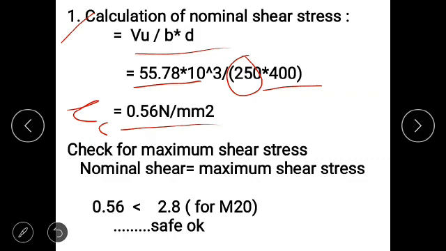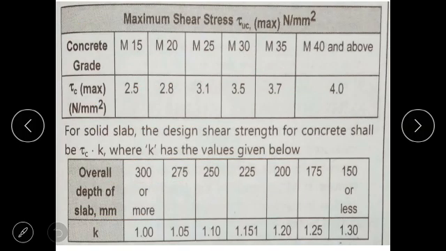Now check for maximum shear. So nominal shear should be less than maximum shear. Nominal shear is 0.56, and for maximum shear, here one table is given, maximum shear tau C max. So for our grade of concrete M20, tau C max is 2.8.